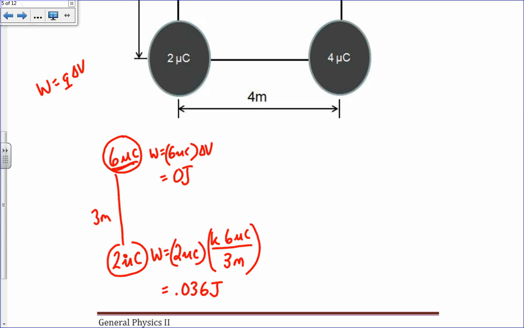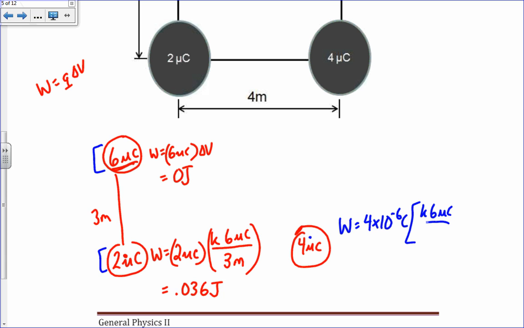Now I bring in my 4 microcoulomb charge over here. At the position where this charge is located, there is potential due to this charge and this charge. And so you have to include both of those when you're calculating the work. And so the work is 4 times 10 to the minus 6 coulombs times K times 6 microcoulombs over 5 meters.